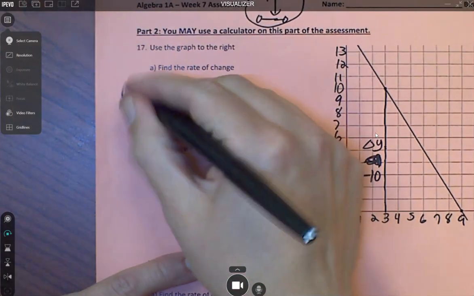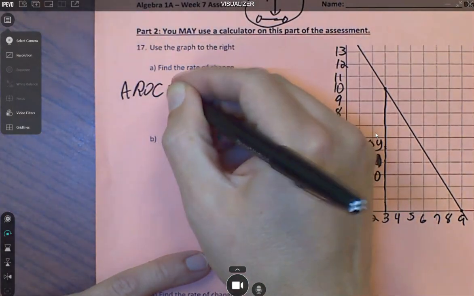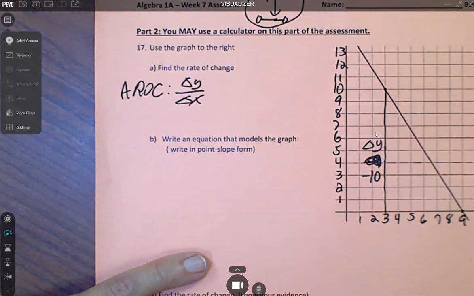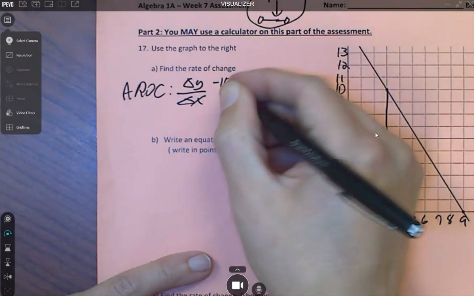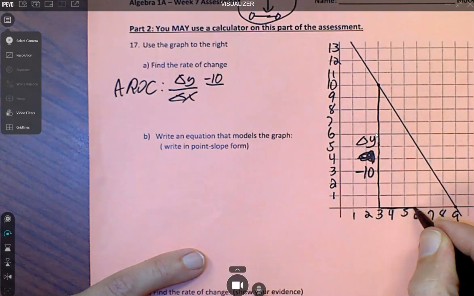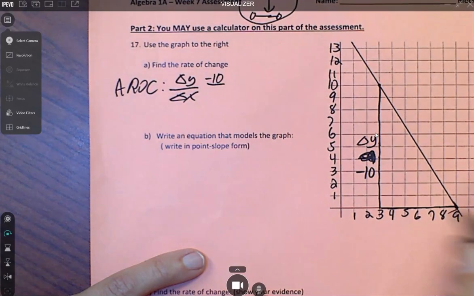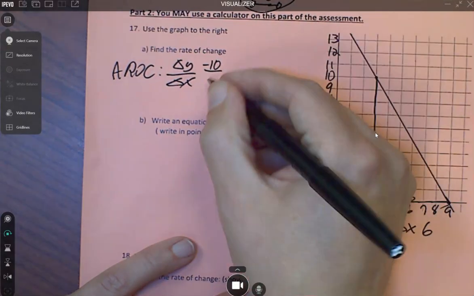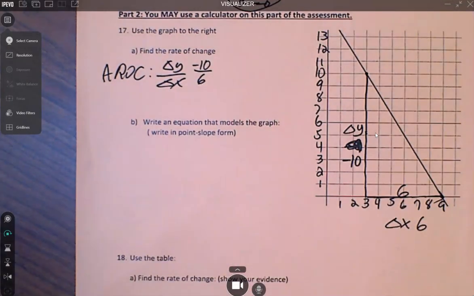Change in y over x. Change in y, negative 10. Okay, 1, 2, 3, 4, 5, 6. Change in x, 6. They're even numbers. Okay, it's always got to be simplified.